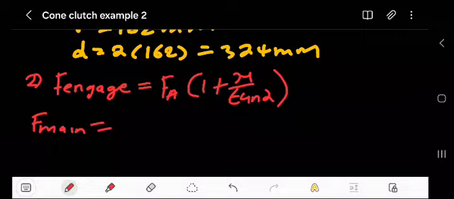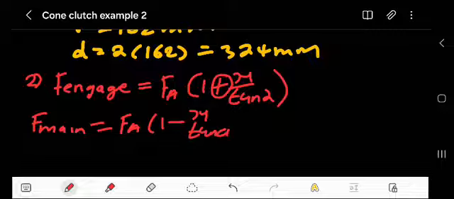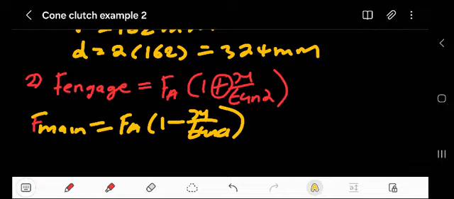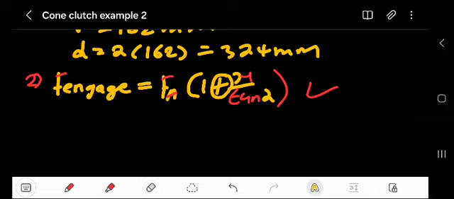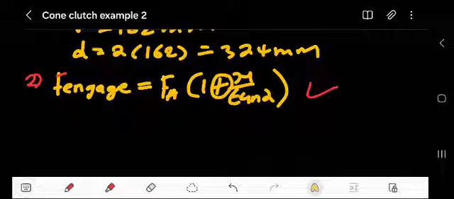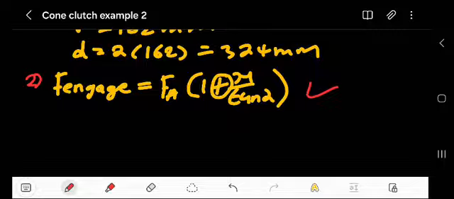F min is like this, but the difference will be here: minus. However, we won't use this one for now. This is F min. What we'll use, I just say to remember, is this one. This is the formula we'll apply there for F engaged.